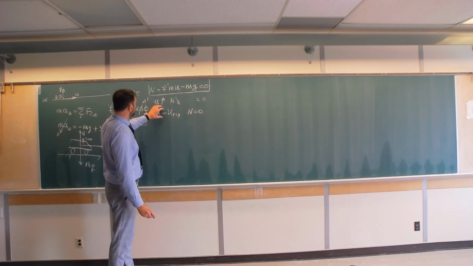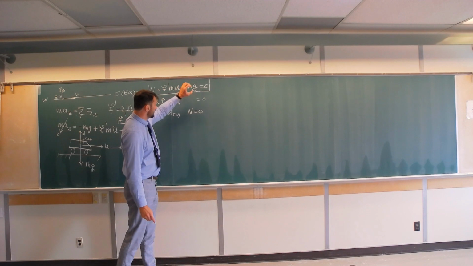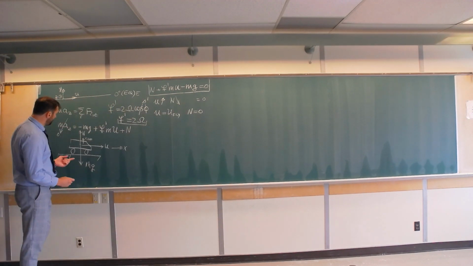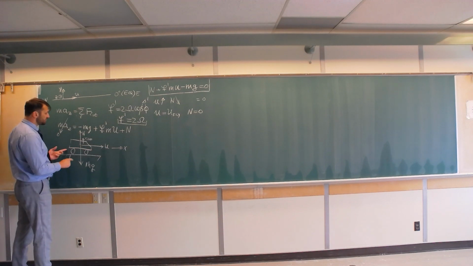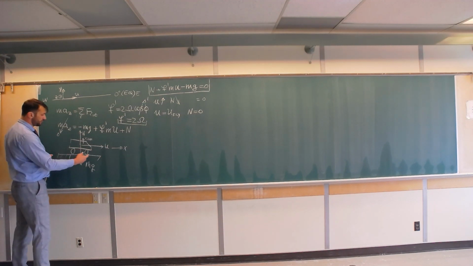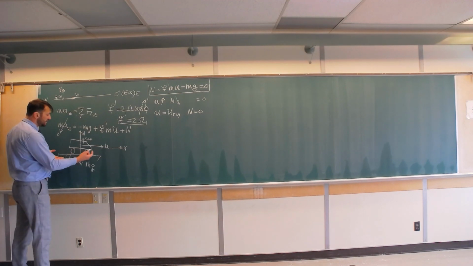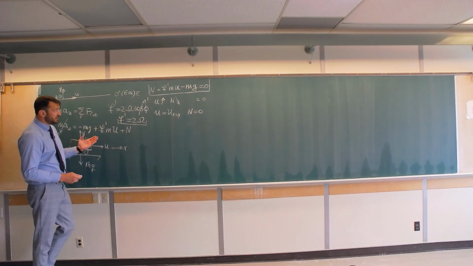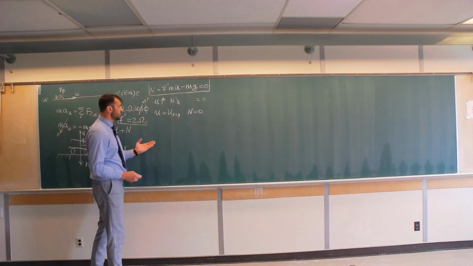And this term will equal this term. In other words, we will look at the moment when the velocity of this car is so high it is about to detach from the surface. At that moment, when it is about to fly away, normal force is of course 0.